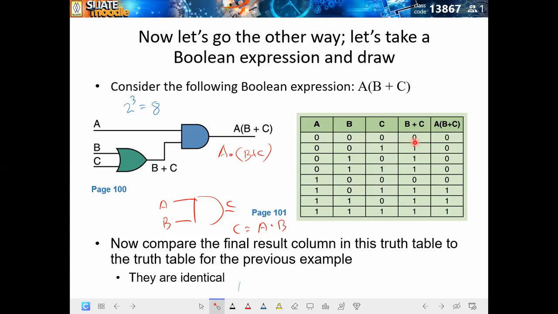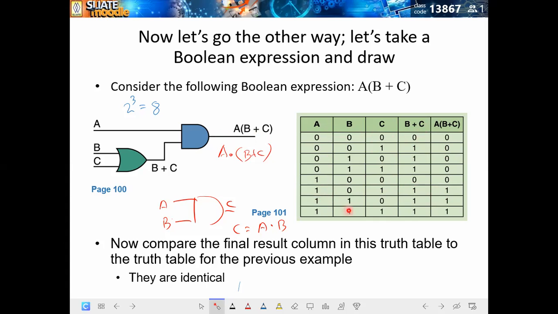A එක එක මෙතන A is 0, here B or C is 0, then we can't use that one. A is 0, B or C is 1, right, we can't use that one either. But here A is 1, B or C condition is 1, so therefore the output of this AND gate becomes 1.